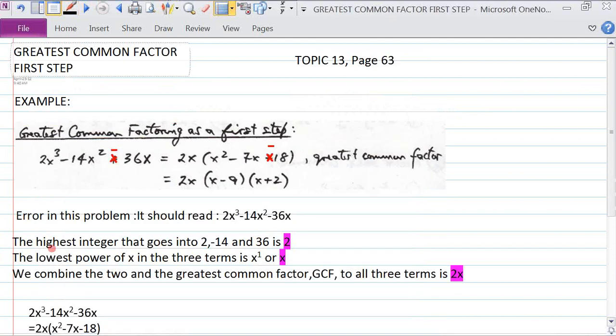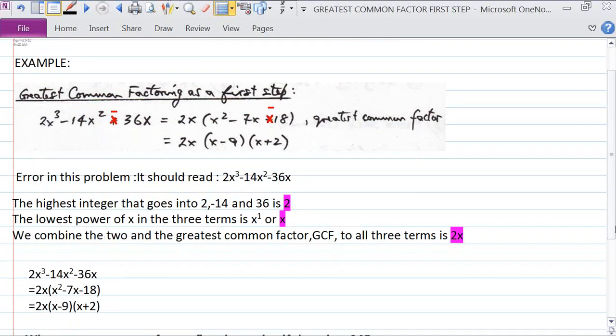Now, before we factor, as a very first step, we should see if there are any common terms between the terms that were given to factor. By the way, in this, there's a slight error. This plus should be a minus.